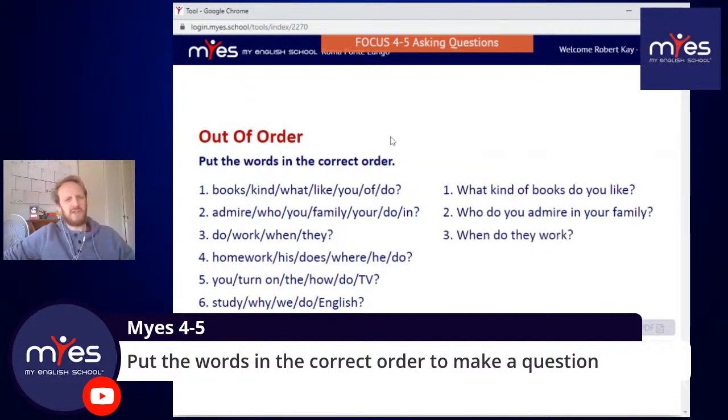Yeah, number 3, when do they work? When meaning what time do they work at? So when would be a question word, do the auxiliary, they the subject, and work.